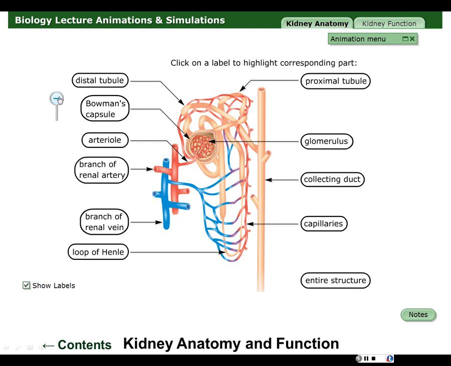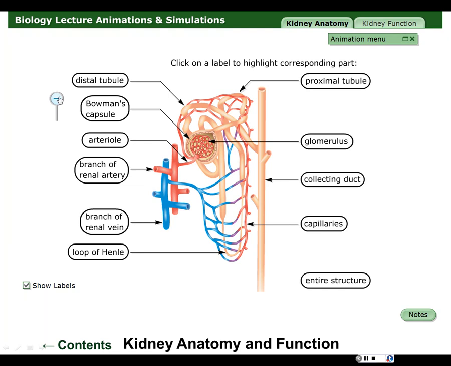Now, if we look at the nephron, we said it's very well vascularized, so it has a lot of blood supply to it. Let's review our blood vessel structures. Our primary vessels, things taking blood away from the heart, are called arteries. Those lead into arterioles, which lead into capillaries, which lead into venules, which lead into veins.